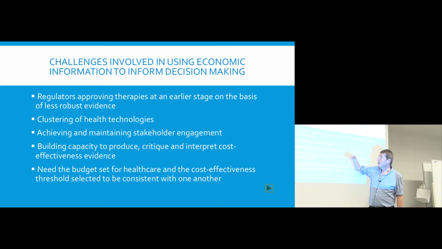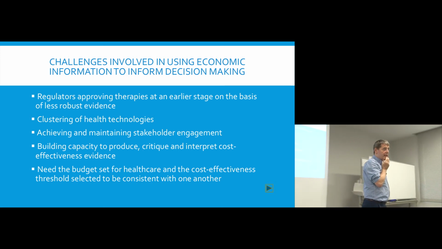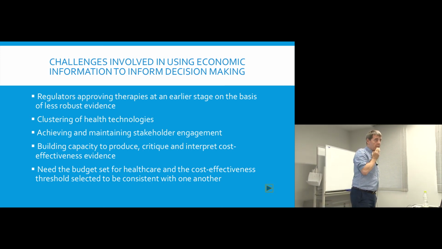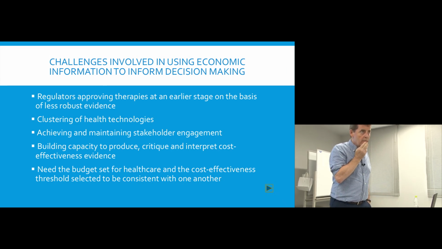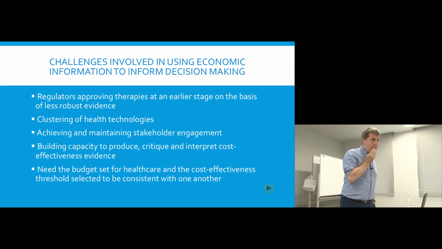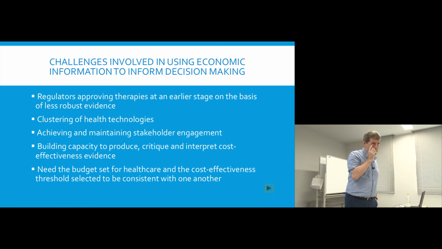Another challenge is what we might call the clustering of health technologies. Is there any feature of those drugs that are being approved earlier? Are those drugs targeting, for example, special conditions or rare conditions that don't really have any other alternative treatment, for example? I think that's a fair point.